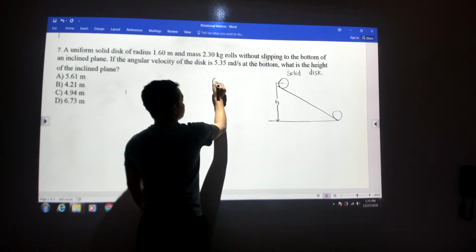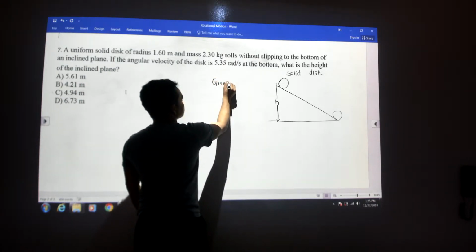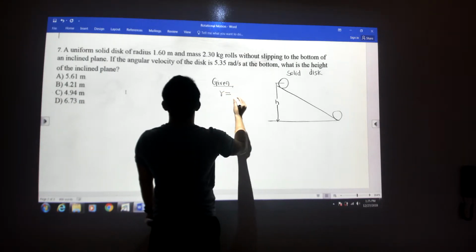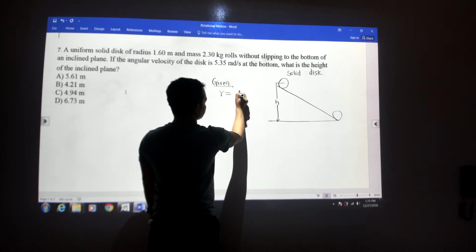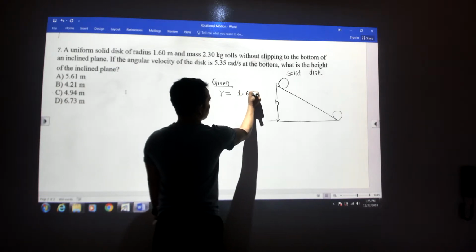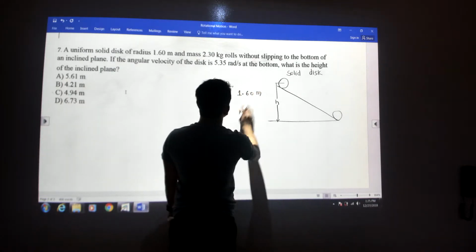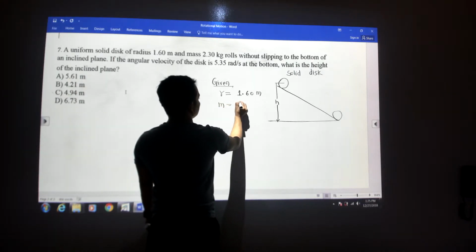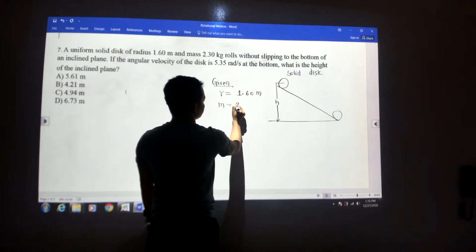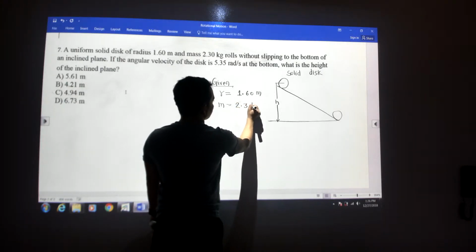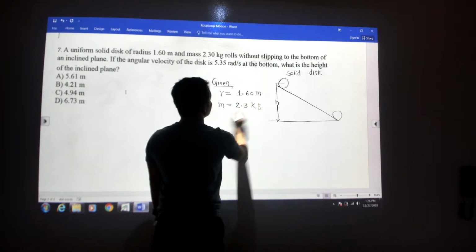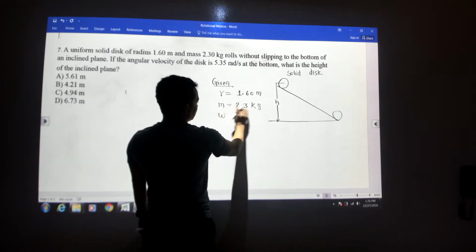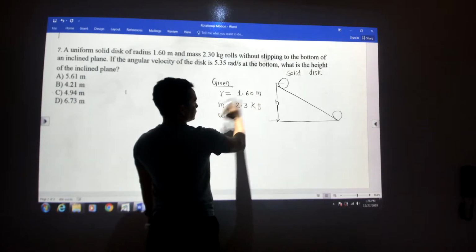Let's write down all the given information here. The radius of the ball is equal to 1.6 meter. Make sure that all the units are in SI system. The mass is given as 2.3 kilogram. And the angular velocity, I'm not taking care of the significant figures for now.